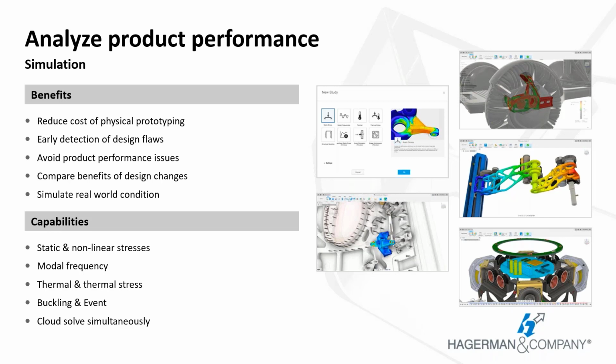You can find out if your model is going to shake to death with vibration studies, test for heat transfer and apply those results to a stress study. You can check if your model is going to buckle and even what happens post-buckling in a nonlinear study. You can even run complex dynamic simulations involving impact studies.